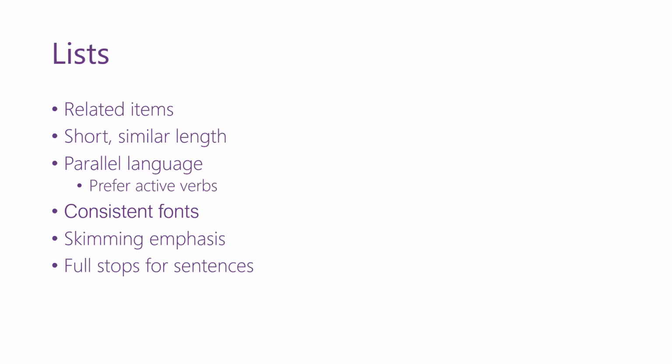Otherwise, you will not put a full stop. So here, my list items are not in complete sentences. Therefore, I do not put full stops. I'll discuss this in a lot more detail when we get to PowerPoint, because the theory of making lists is roughly the same.